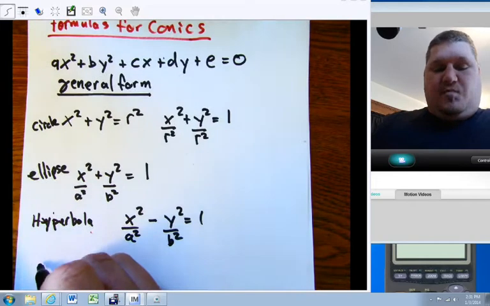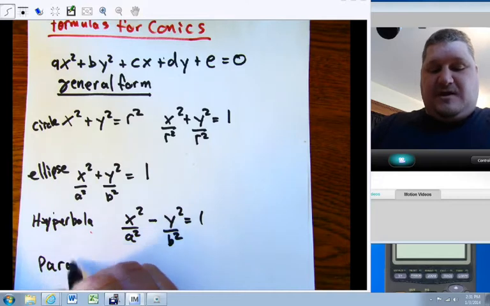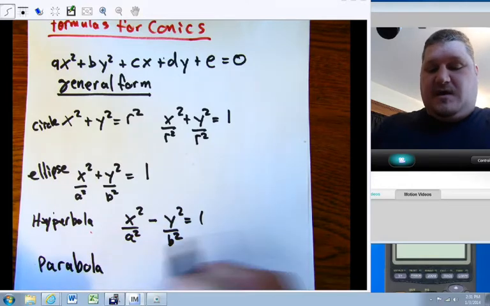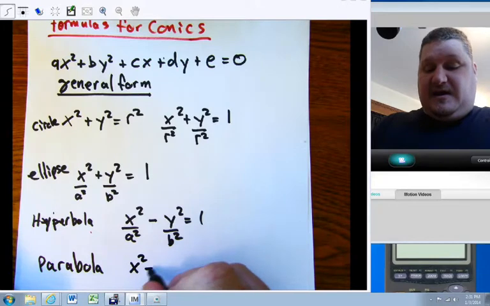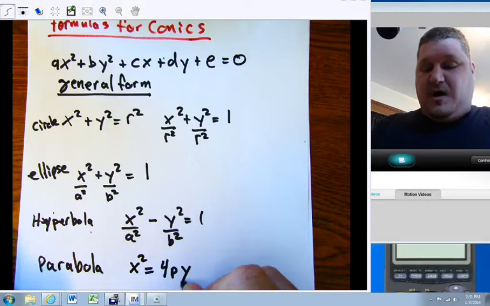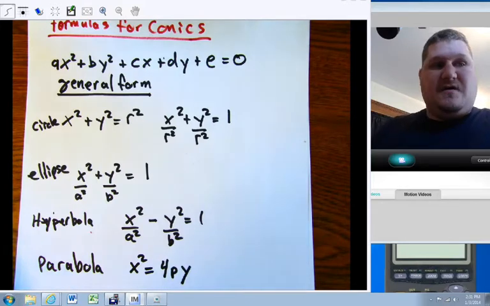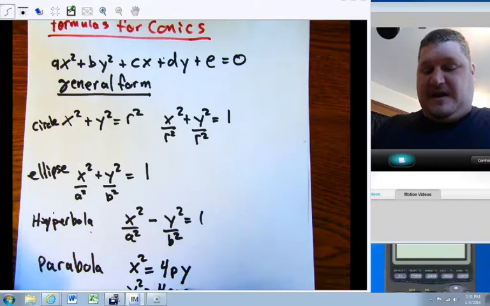Finally, the one that's really different is actually a parabola. That's going to be x squared equals 4py, or y squared equals 4px.